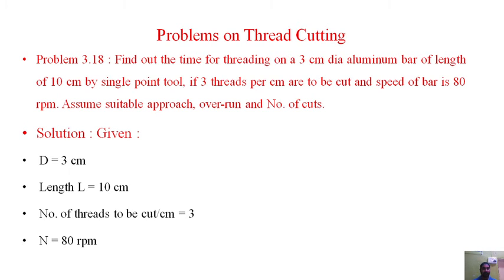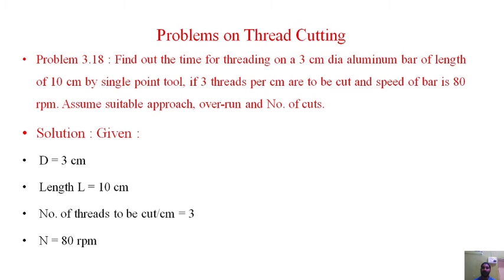So, solution. The diameter of the thread is 3 centimeter in the aluminum bar, and the length of the thread is 10 centimeter. A single point tool is used, and 3 threads per centimeter have to be cut. This is the pitch. Pitch for a single start thread is 1 divided by threads per centimeter.